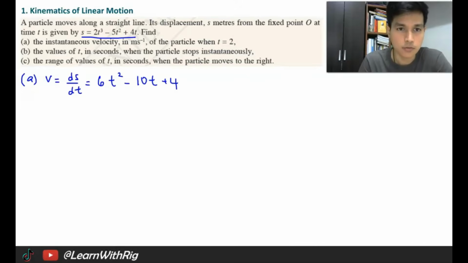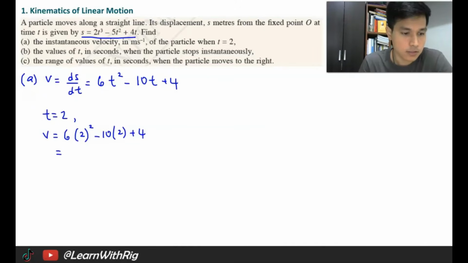So you just substitute. When t is equal to 2, your v will be 6 times 2 squared minus 10 times 2 plus 4. So your answer is 24 minus 20 plus 4. You get 8 meters per second. Okay, they said meters per second, right? So that is the unit.